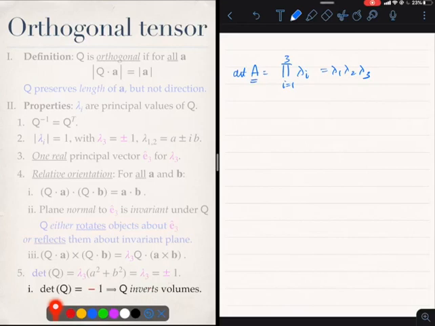So let's take three vectors, any three vectors, and define a parallelepiped. These three vectors will define a parallelepiped, right?